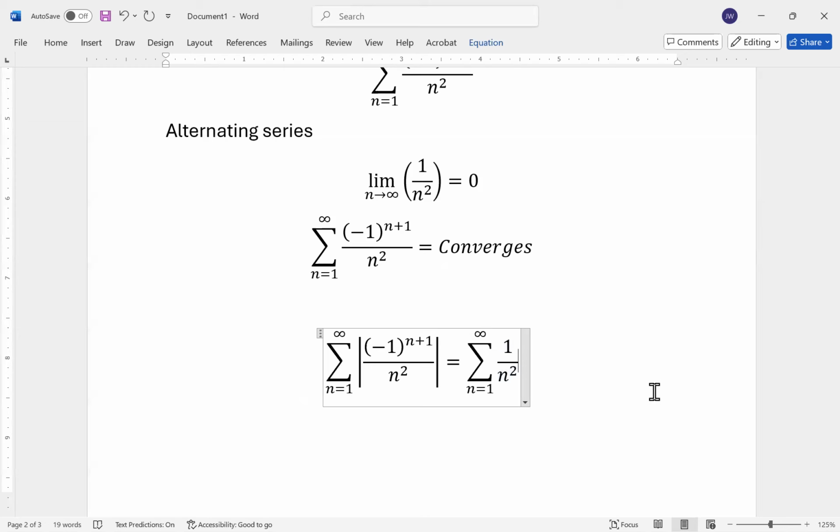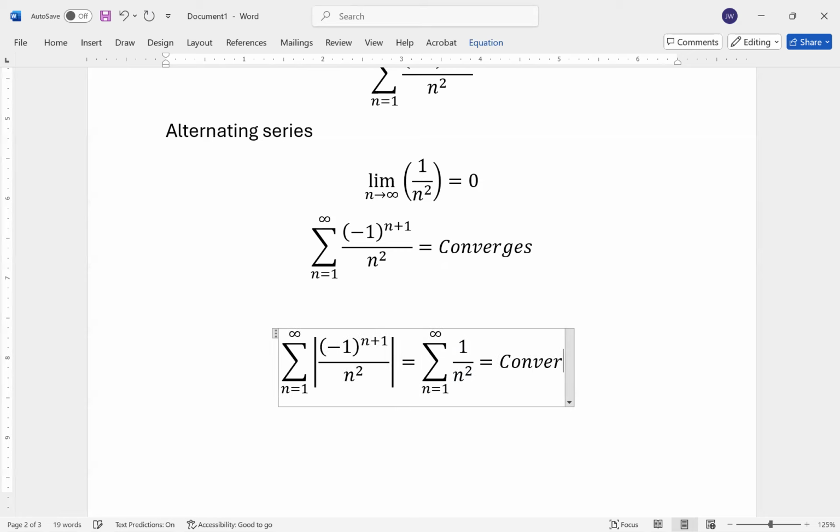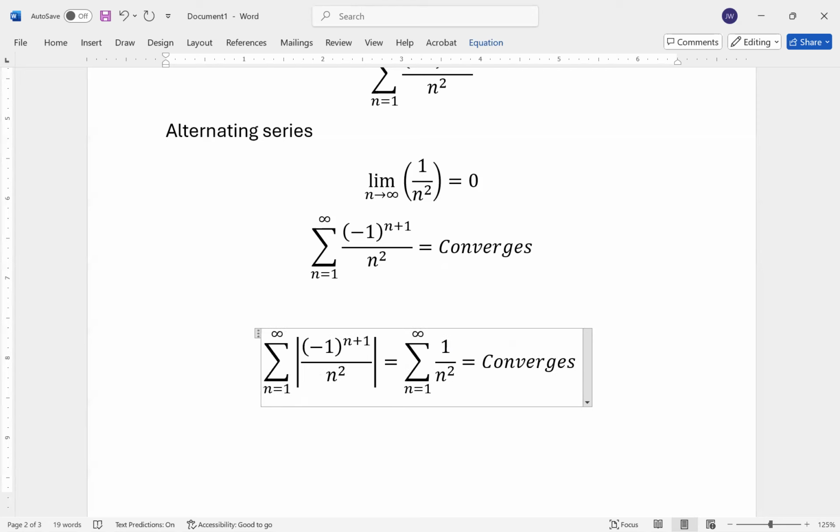Once again, this is a p series. In this case, p is 2. 2 is bigger than 1. Therefore, the infinite series I get when I put absolute values around each term of my alternating series also converges.